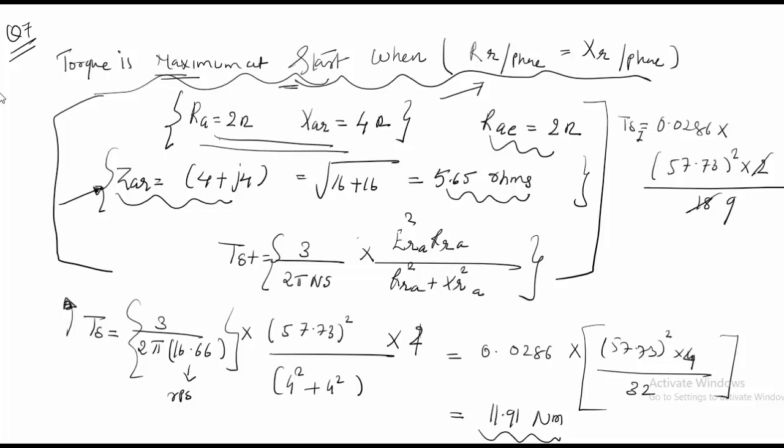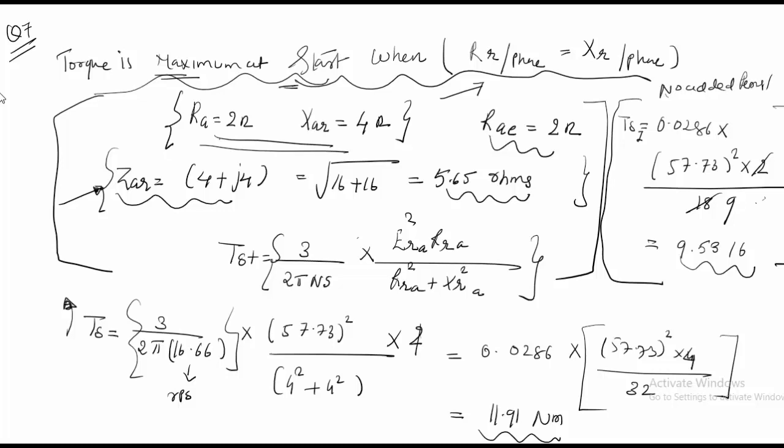So that will come close to 0.0286 into 57.73 whole square divided by 9, which is equal to close to 9.5316. So this is your torque with no added resistance.